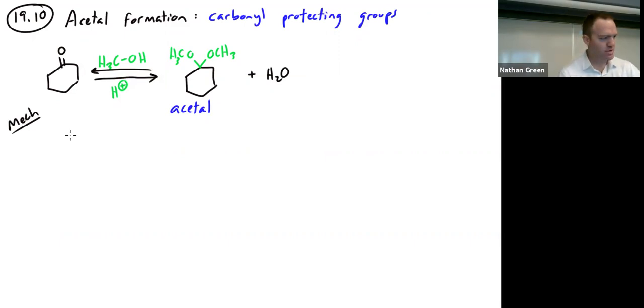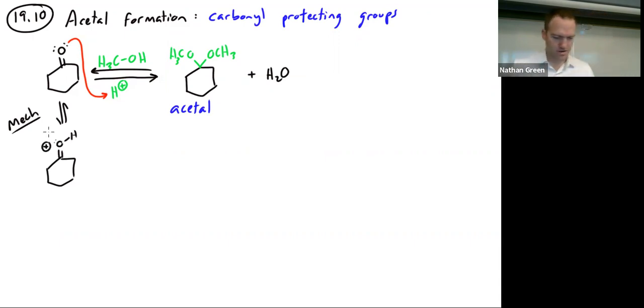Step one, this thing's going to take a proton, because under acidic mechanisms, what else would you do except add a proton? And in particular, let's add the proton to the carbonyl oxygen. What's the next step?